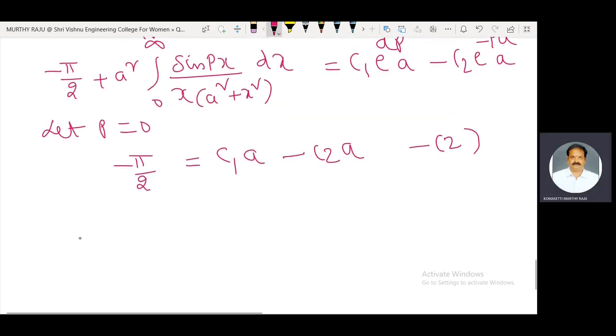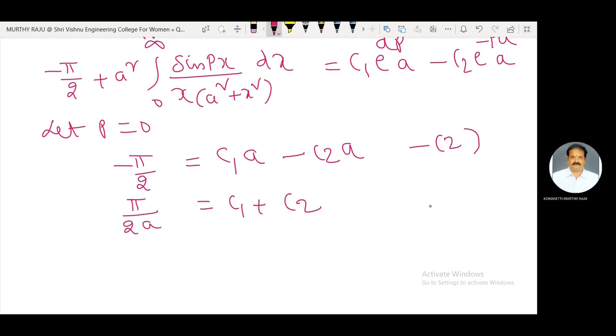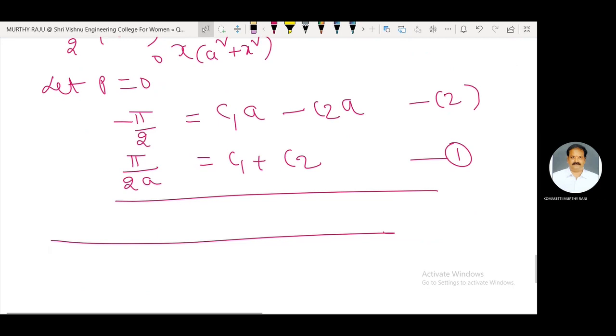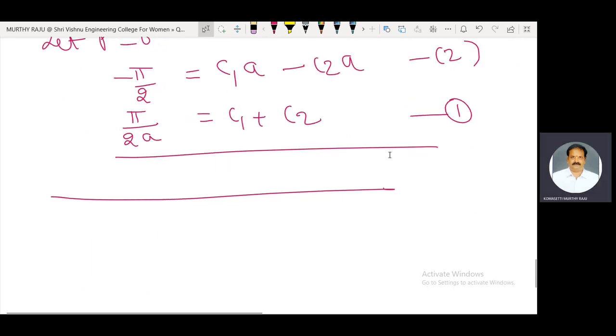Solve equation 1 and equation 2. From equation 1, c1 plus c2 is equal to pi by 2a. From equation 2, c1 minus c2 is equal to minus pi by 2a.